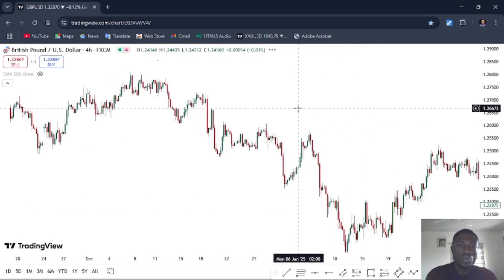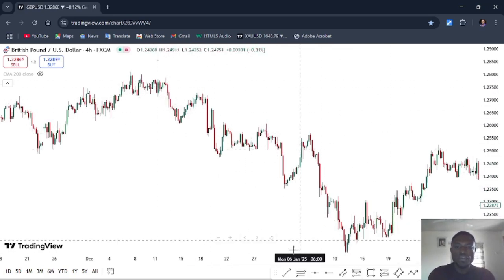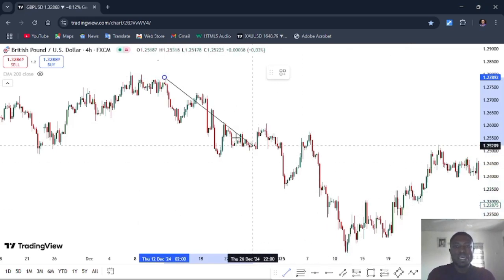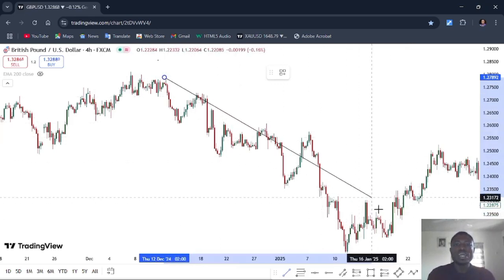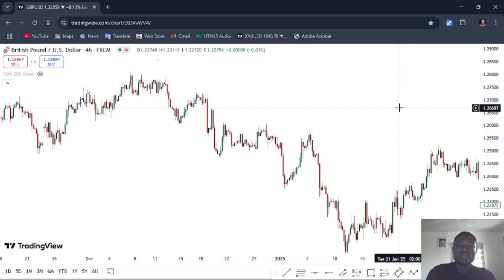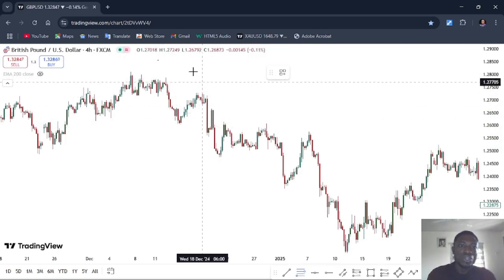Now, let's go. This particular trend here is an example of a bearish market. You can see it. The market is tanking to the downside. If I pick my Fibonacci tool, this is the recent high and this is a recent low.